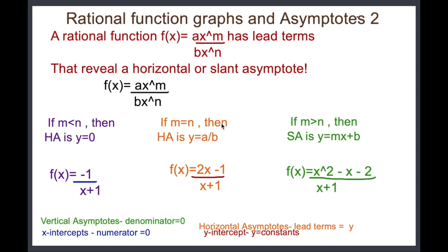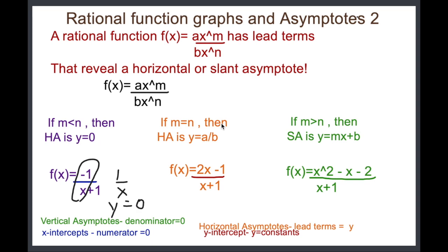The lead term has different beginnings. In the first one here, you will notice that the lead term is negative 1 over x. Well, that reminds us of the 1 over x hyperbola, and in this case, the axis of symmetry will be y equals 0.